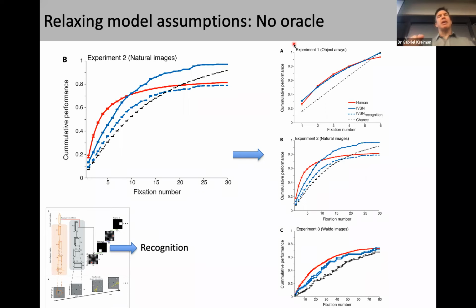So we compare the target with the location of the current saccade, and we threshold that and we say, did you find it or not? So this gives us worse performance now. We're still capturing the gist of human level performance, but this performs significantly worse, suggesting that the problem of recognition is not trivial, and it's hard to recognize the objects that the model was not trained on in this situation.